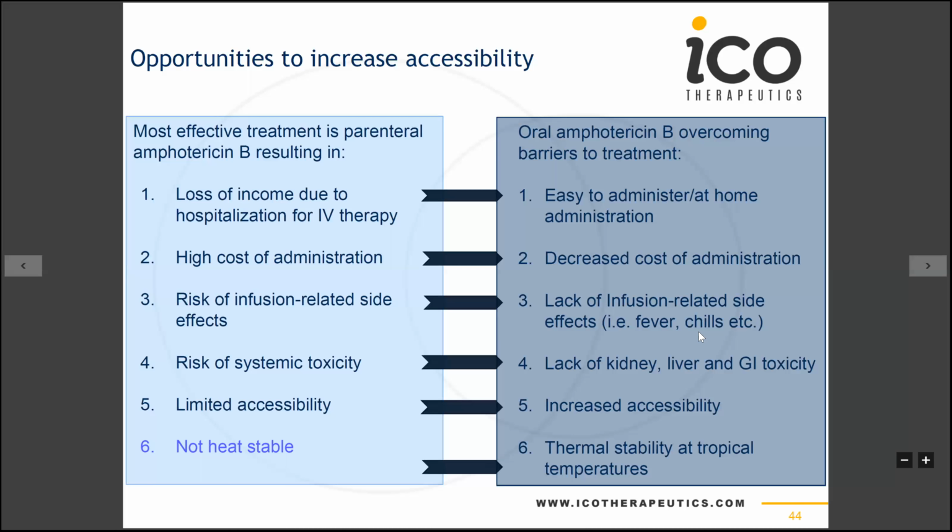Again, IV infusion of AMP has to be in a monitored hospital environment, and you have to monitor the infusions because you can get a risk of infusion-related side effects. We have a lack of kidney, liver, and GI toxicity. We have increased accessibility and drug adherence. And finally, we have a formulation that's tropically stable.